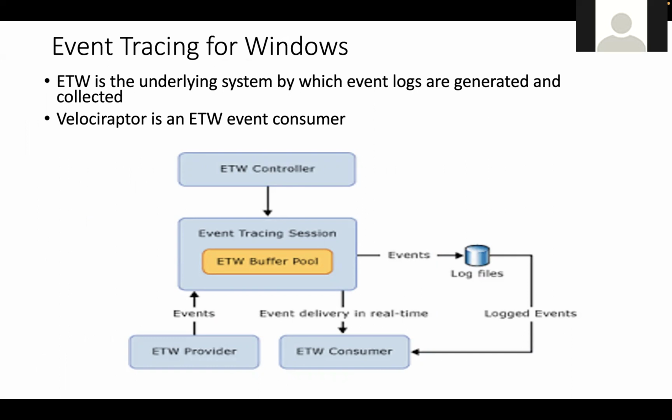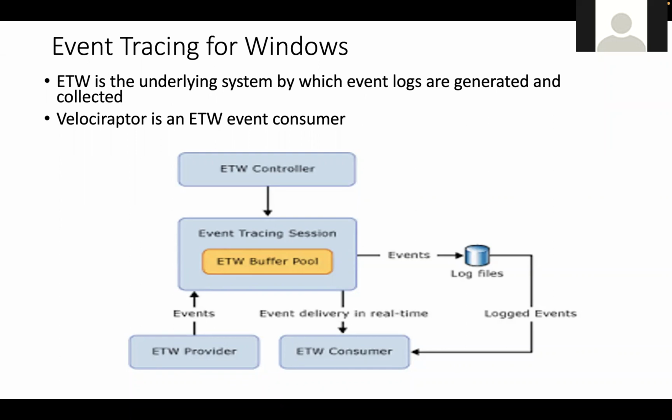Another thing we can integrate with pretty well is Event Tracing for Windows. This is the underlying system by which event logs are generated and collected. Like I mentioned earlier, it is the source of events for the current Windows event log, so the Windows event log is actually an ETW event consumer.